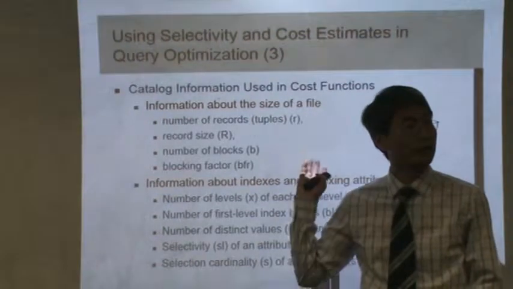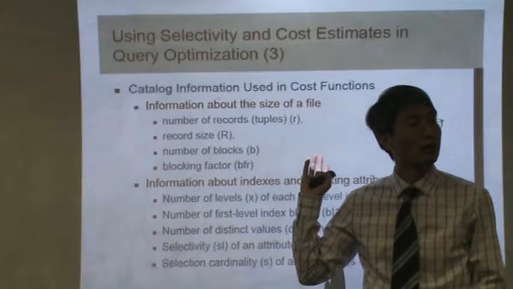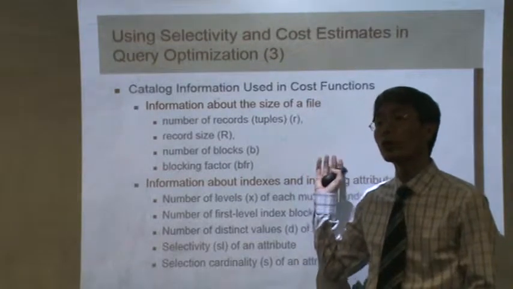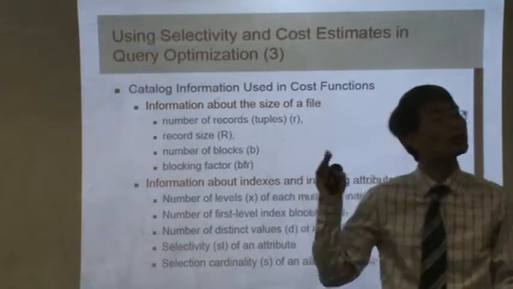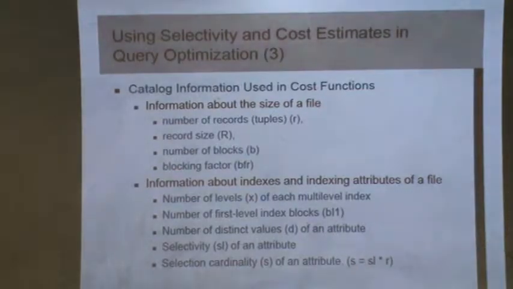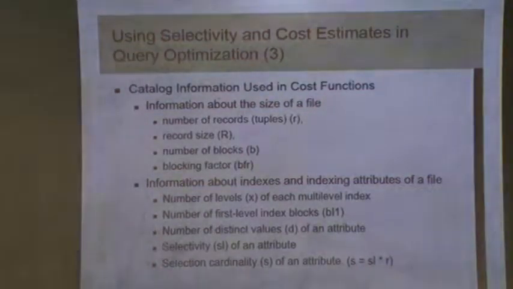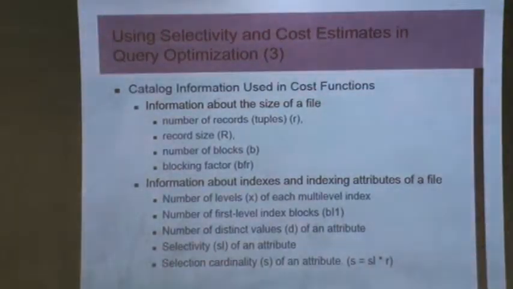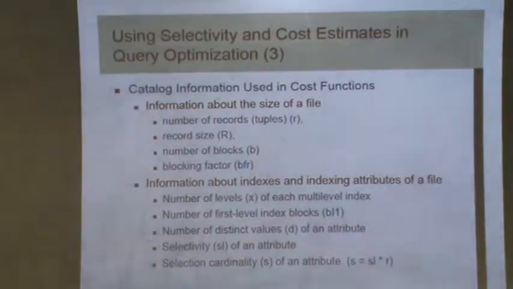Where can you get it? From the real table, employee table, department table, you need to count it. Okay, before running the execution plan, you need to have the information about such a table.